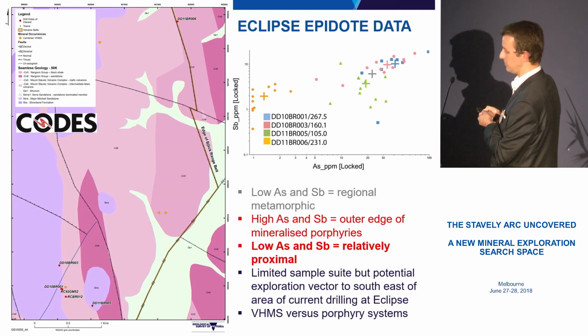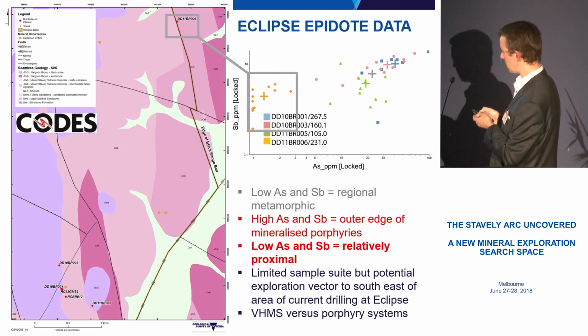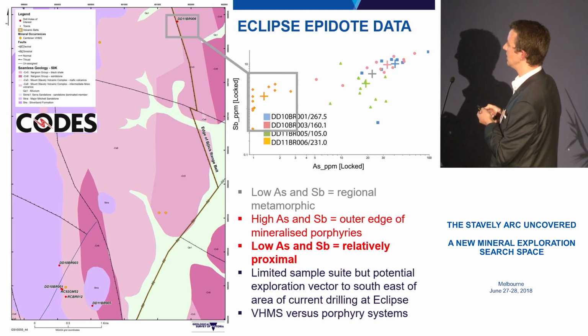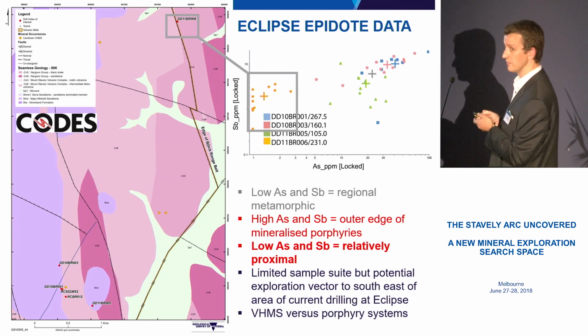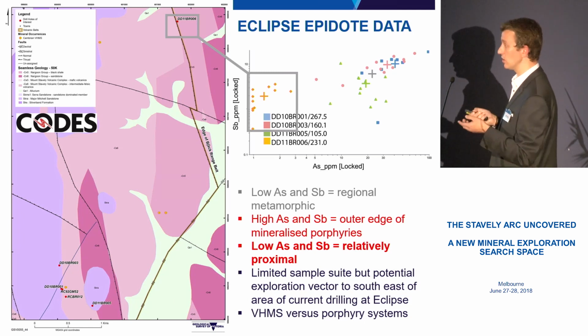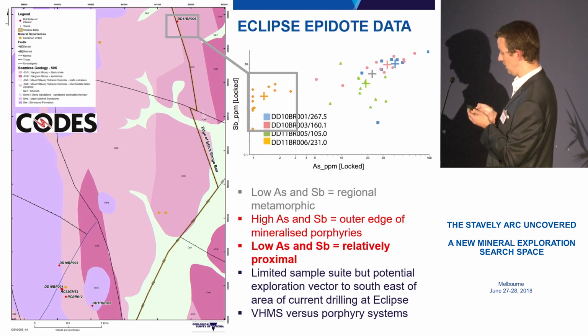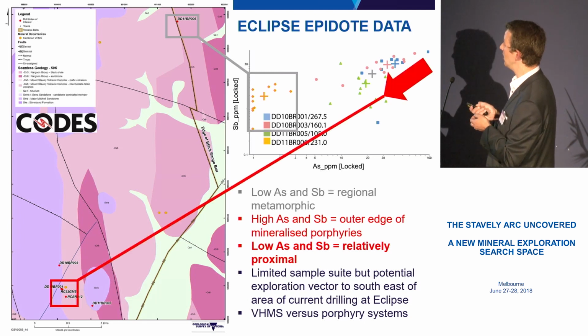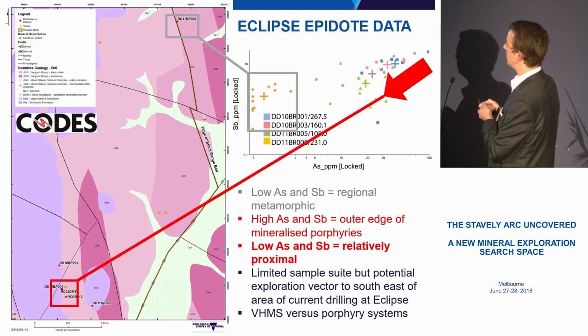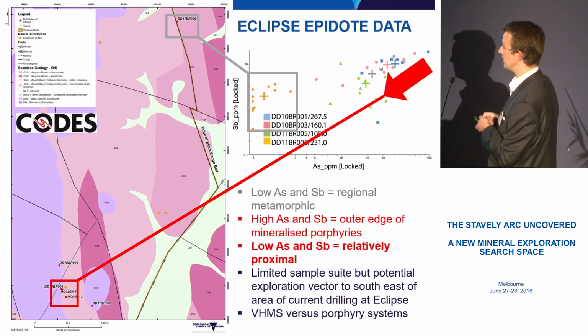You see these samples just here plot at relatively low antimony and low arsenic, and they're removed from mineralisation. So these would be interpreted as associated with regional metamorphic alteration as opposed to propylitic alteration associated with porphyry mineralisation. These samples up here obviously represent higher arsenic and antimony concentrations, and they're all from locations relatively close to mineralisation.